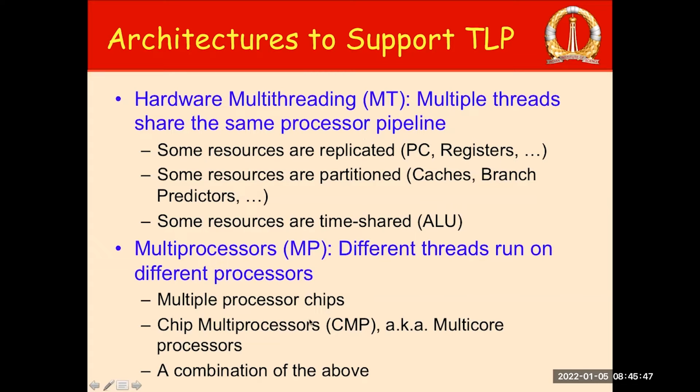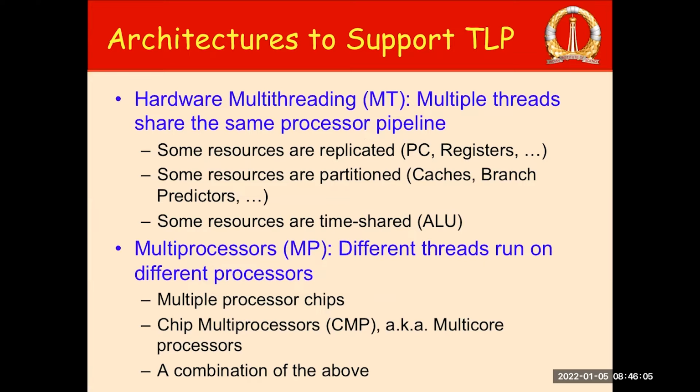It's also possible to combine these two things, that is, having multi-core processors where each core is also supporting multiple threads. In fact, if you look at your desktop processor like the Intel Skylake processor or the AMD processor that you have, they already have multiple cores.